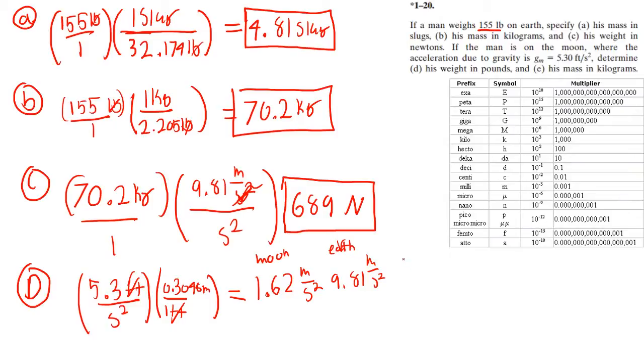So let's do his pounds, 155 pounds over 1. Let's make this super easy. Let's make a quick little ratio, the Earth to Moon acceleration ratio. So what we're going to do here is, basically, I'll show you and then explain.